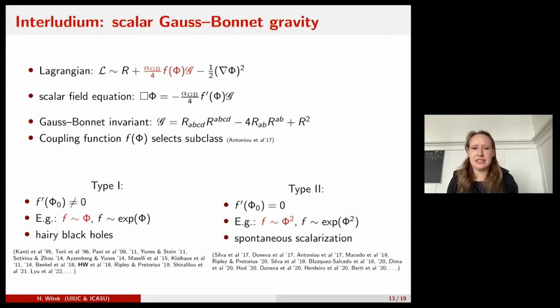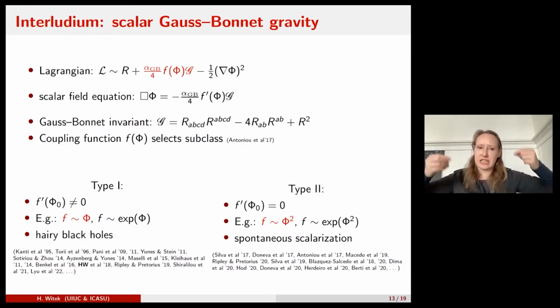Oh yeah, absolutely. And I should also say that with the results that I will present, I will again work in this small expansion regime where I use alpha GB as a small coupling parameter. So yes, I will have GR in the background, and of course I can fully compute the gravitational radiation in the background.